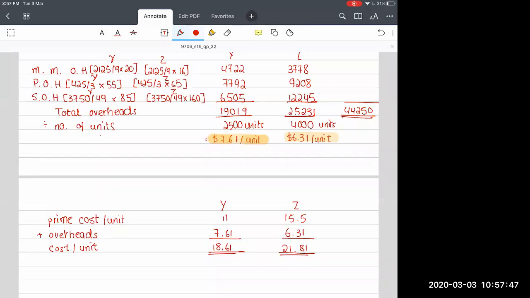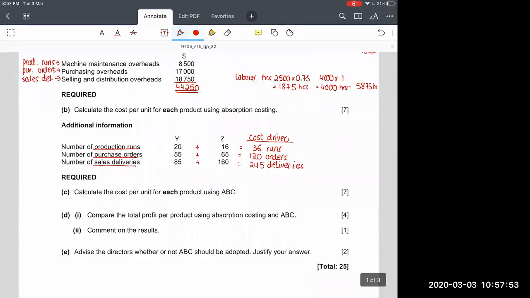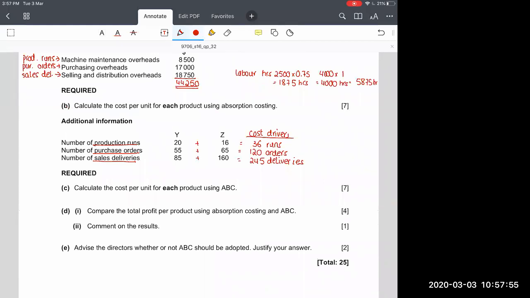Now, moving on towards the next requirement. After we are done with requirement number C, calculating the cost per unit using ABC, compare the total profit per product using absorption costing and ABC costing. It's not saying per unit profit, it's the total profit per product.